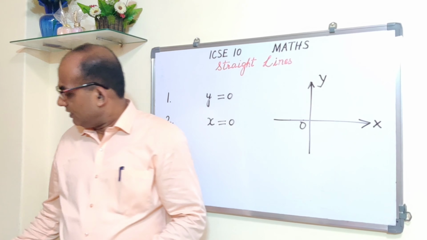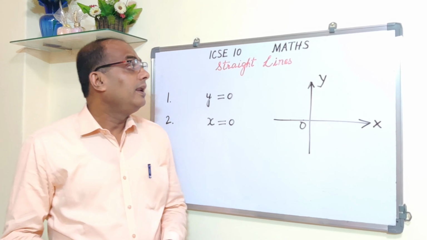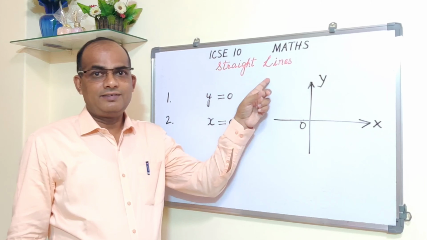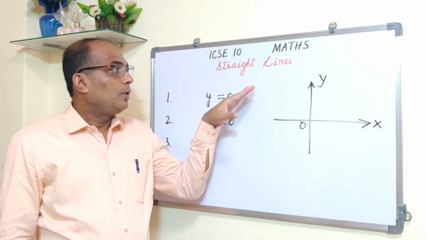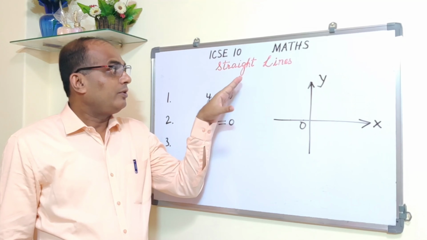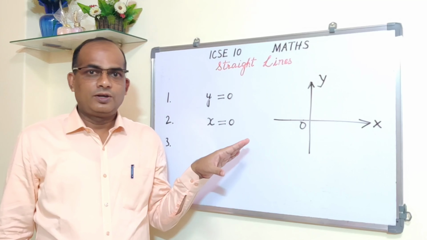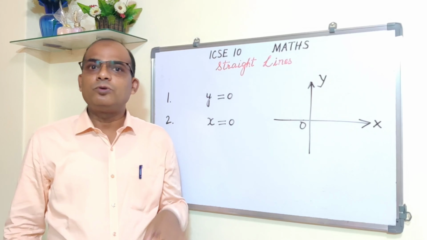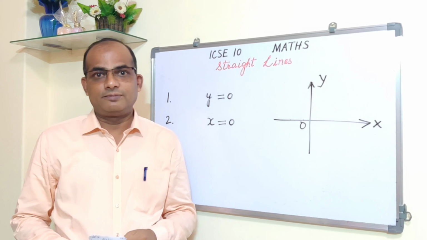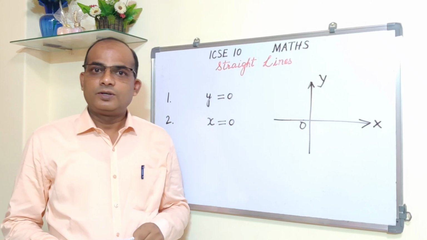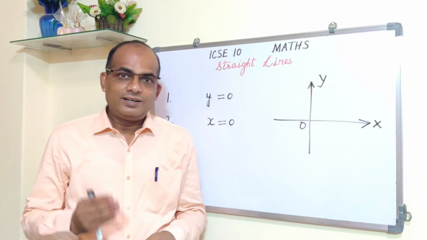Okay, so let's come to the point. The topic is straight lines. This is part 1. In this video, part 1, I'm going to tell you some important points, point wise, one by one.